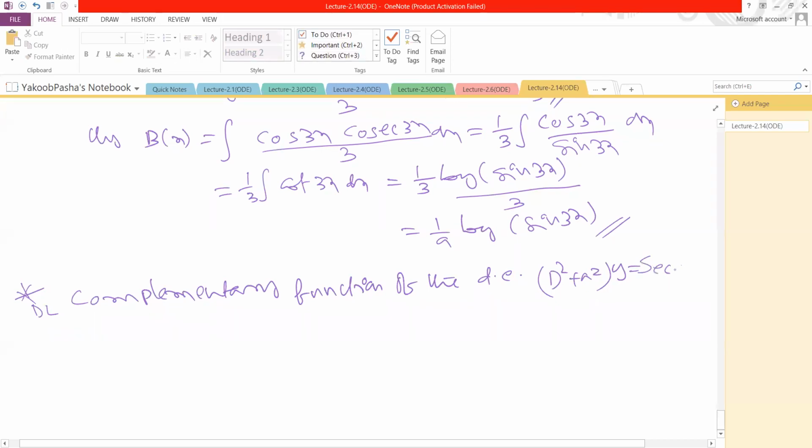Just we have to find a complementary function.